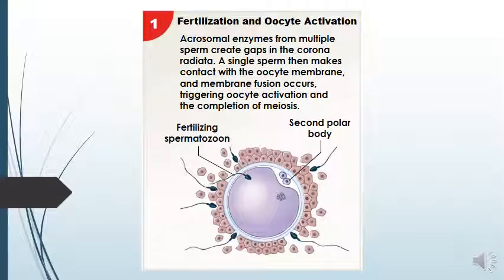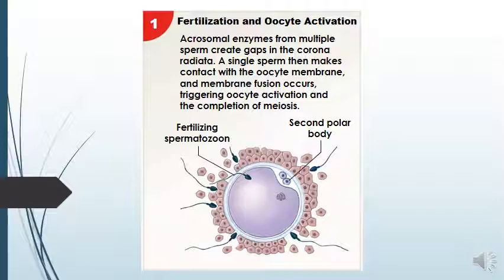In a previous slide, you saw the oocyte that was surrounded by all of the sperm. And as mentioned previously, if you look at the head of the sperm, there are a lot of acrosomal enzymes which are found there. And what they do is help to penetrate into the egg.